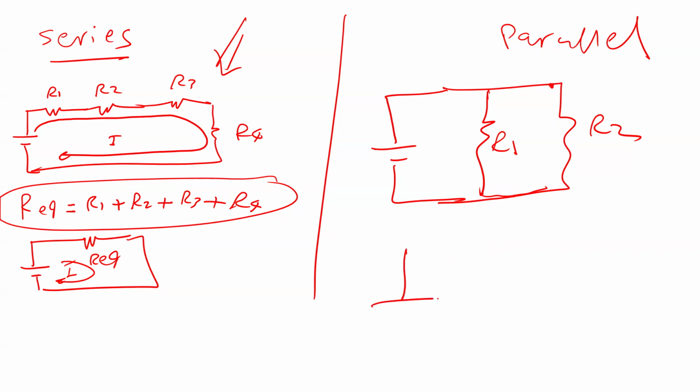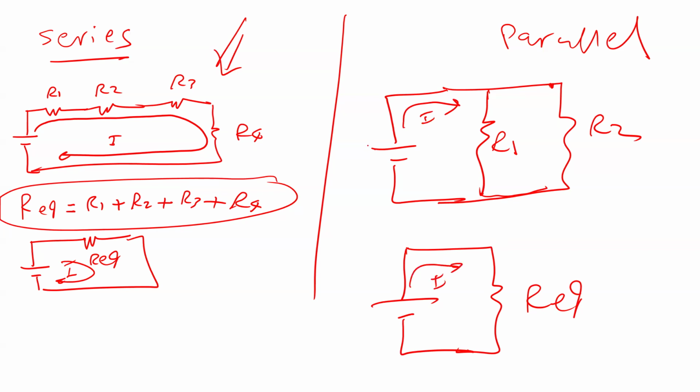This circuit here has an equivalent resistance, like you have only one resistance, and the current here is I. The voltage here is V, and the voltage here is also V. So this circuit is similar to this circuit.